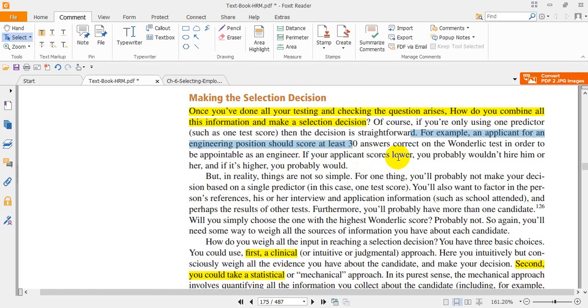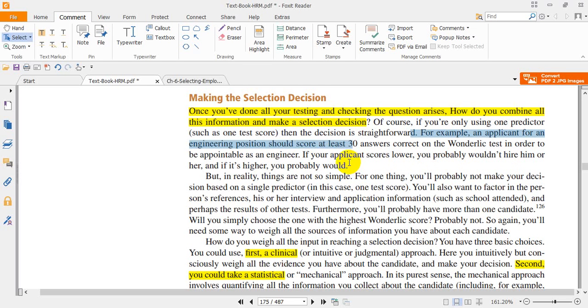If your applicant scores lower, you would not hire him. If it's higher, you probably would. The process here is easy when we depend on one predictor and one test.